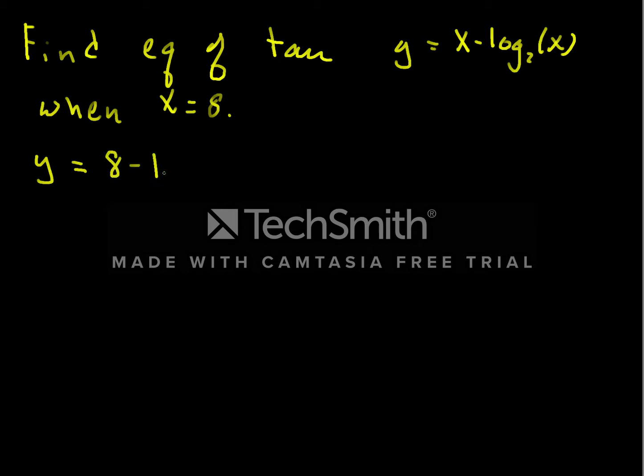minus log base 2 of 8. Now this is a value you should be able to calculate. What is this saying? Log base 2 of 8, what is it equal to?